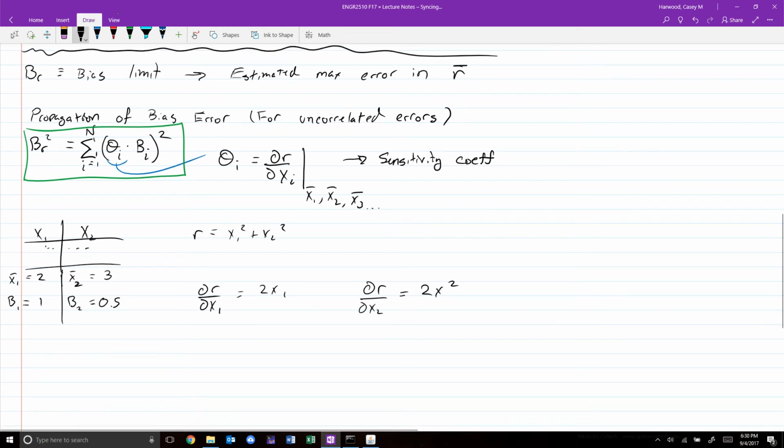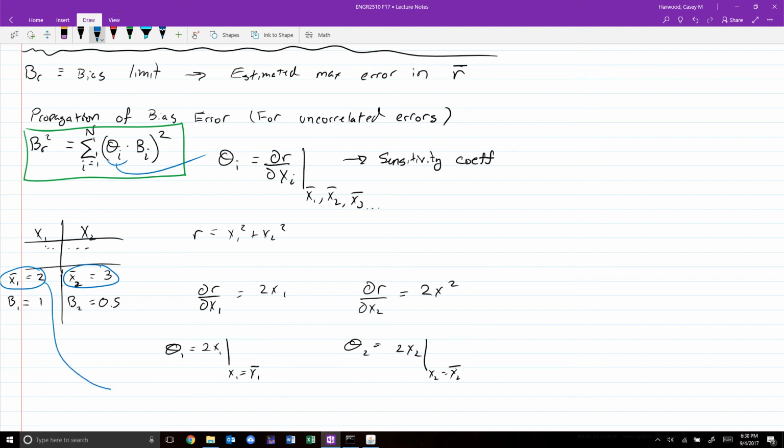So to compute theta 1, this is going to be 2x1 evaluated at x1 equals x1 bar. Theta 2 is equal to 2x2 evaluated at x2 equals x2 bar. So we have x1 bar and x2 bar right here.